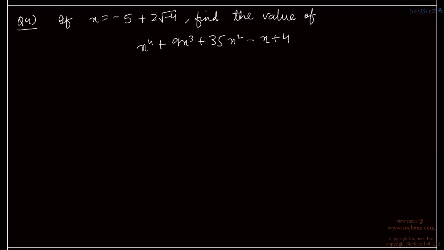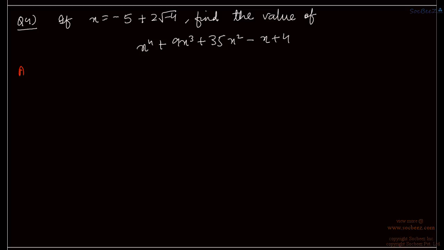If x is equal to minus 5 plus 2 times root of minus 4, find the value of x power 4 plus 9x cube plus 35x square minus x plus 4. Okay. Now, we know that i is equal to root of minus 1. Right?